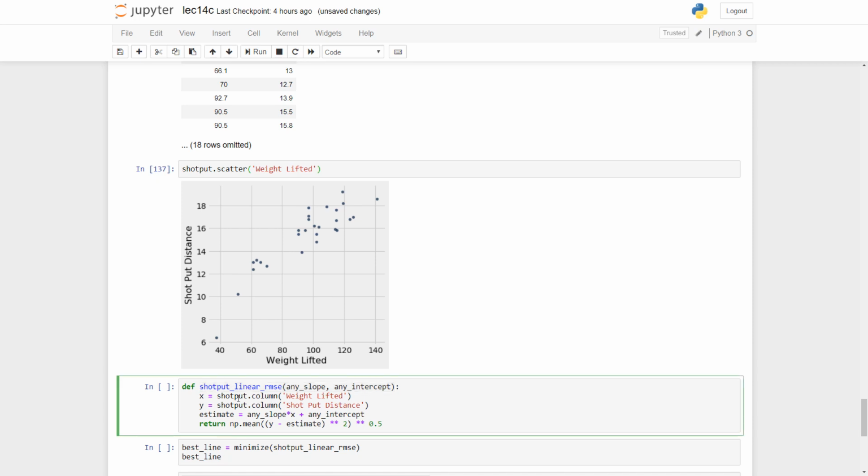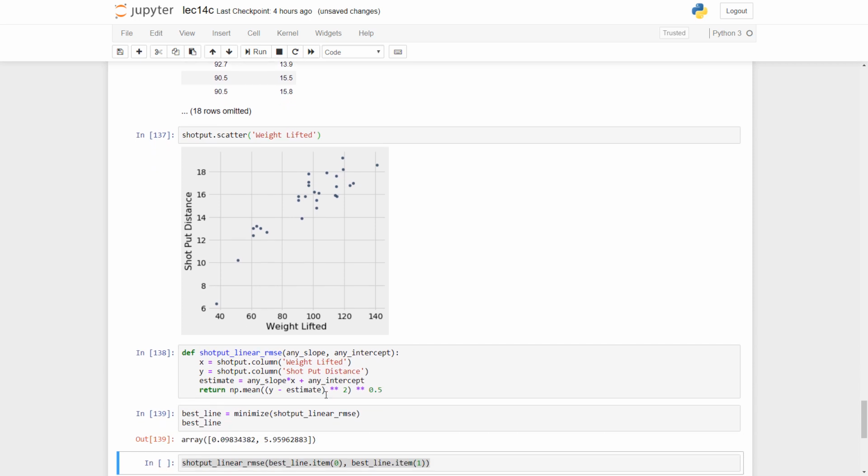We will define a new function specific for this data set, and let's compute the root mean square error for any line for this data set. The function takes the slope and the intercept and does the estimation and computes the root mean square error for that line. And let's try to minimize this function to get the best line possible, which is the regression line that we know now.